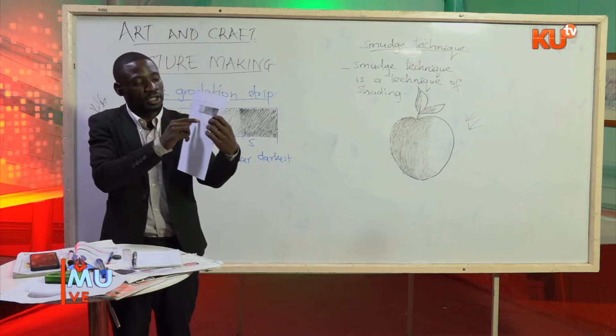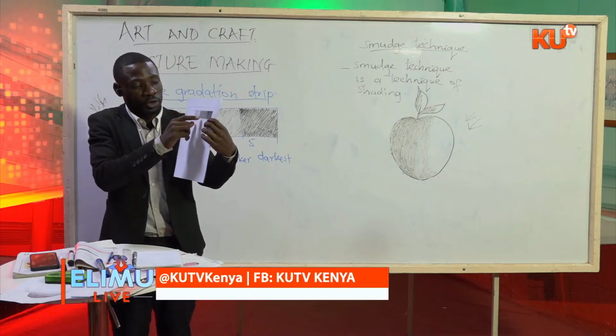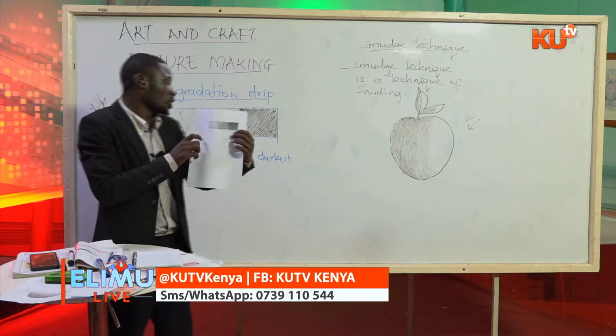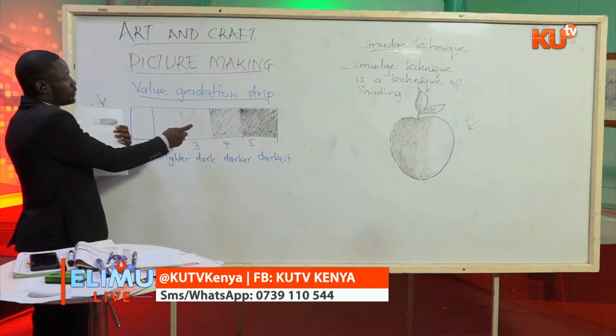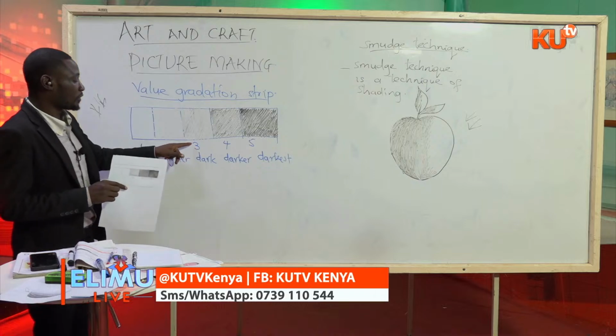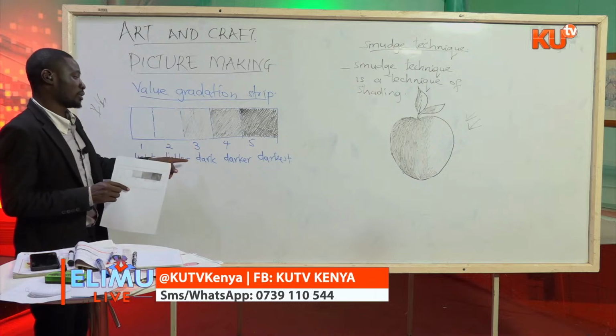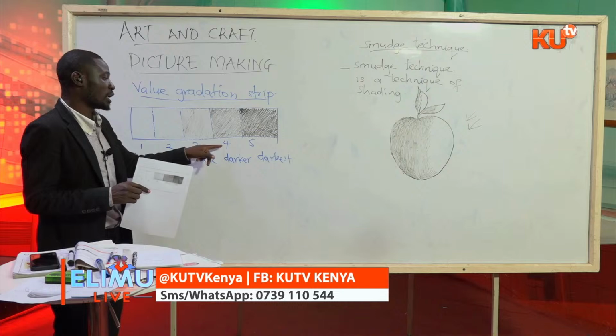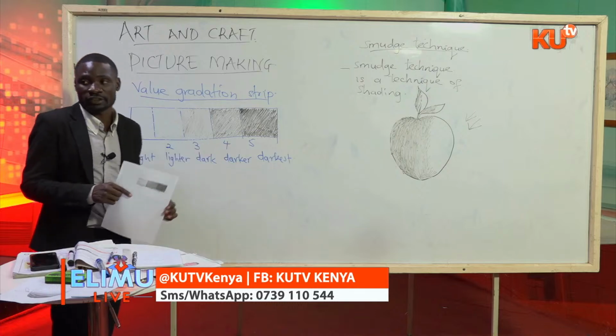Number 3 is lighter, according to our strip here, or our value gradation strip on the board. Number 3 is dark, number 4 is darker, number 5 is the darkest.